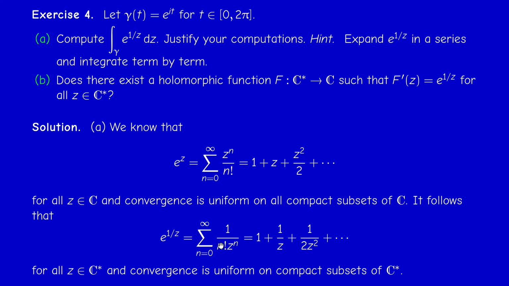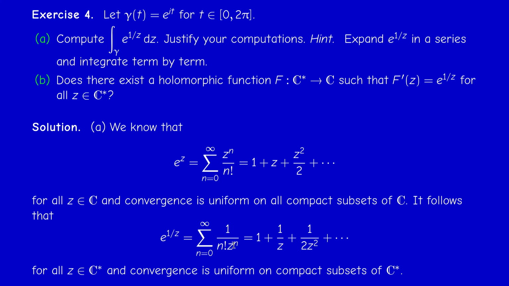And since convergence of this series is uniform on compact subsets of C, then convergence is also uniform on compact subsets of C star, as you may check. Because if z lives in a compact subset of C star, then 1 over z lives in a compact subset of C. So if convergence is uniform here, then it's uniform here.